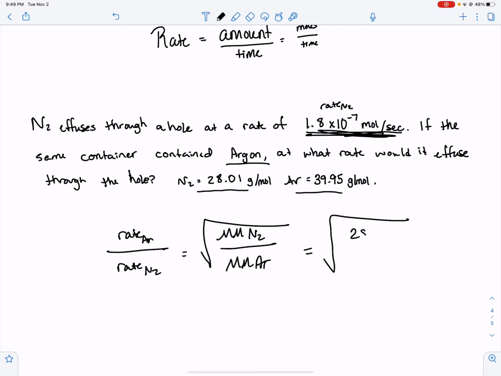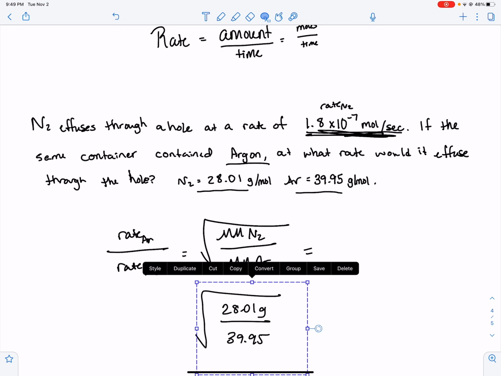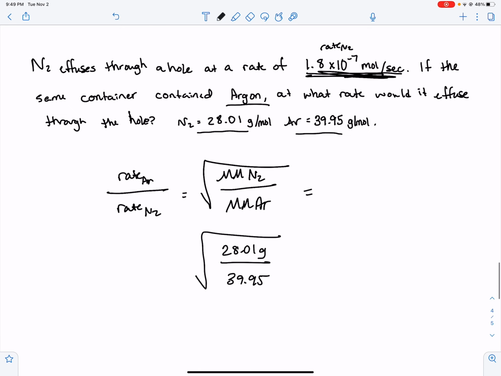So we just have 28.01 over 39.95. Those are both grams per mole. And then this is what we don't know, the rate of argon. And what we do know is that the bottom number is 1.8 times 10 to the minus 7th moles, so that's an amount per second.